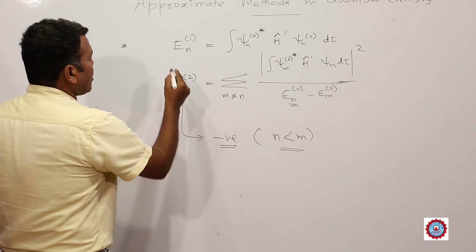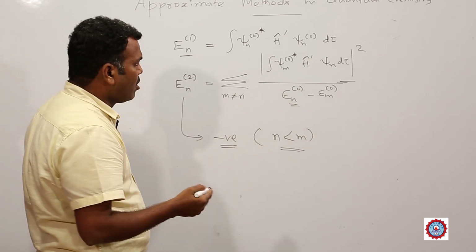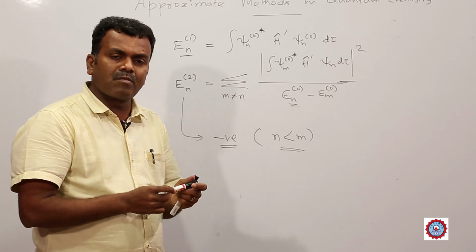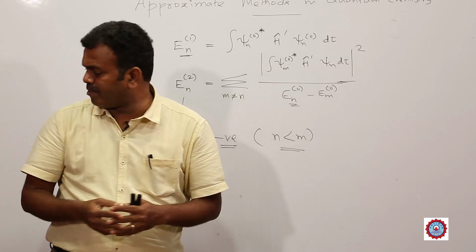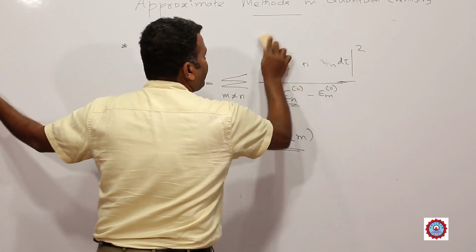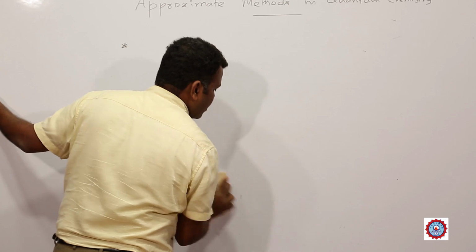Now, this is regarding energy. Now, I will show you how to apply this perturbation method for a system containing more than one electron or some kind of perturbed system. Okay. So, let me take a simple example and I will explain how to apply the perturbation method.